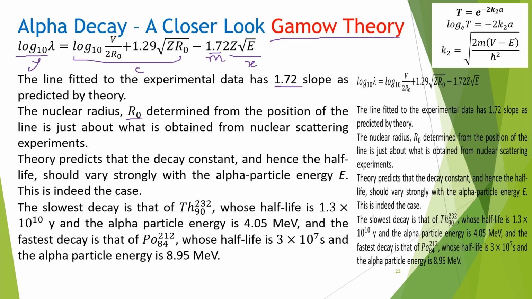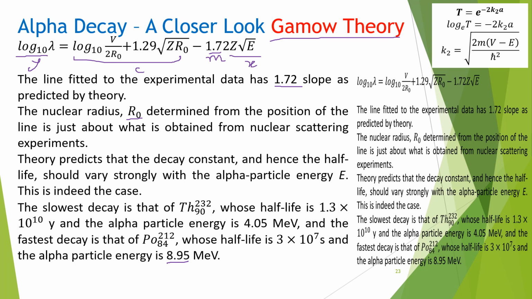And the fastest decay is that of polonium 84212, whose half-life is 3 into 10 power 7 seconds, and the energy of those alpha particles is 8.95.